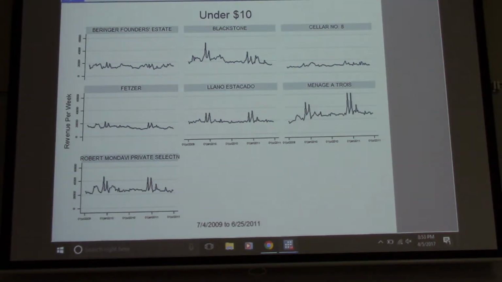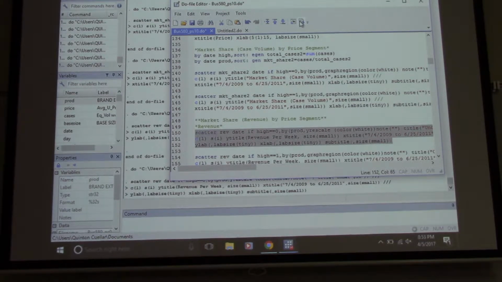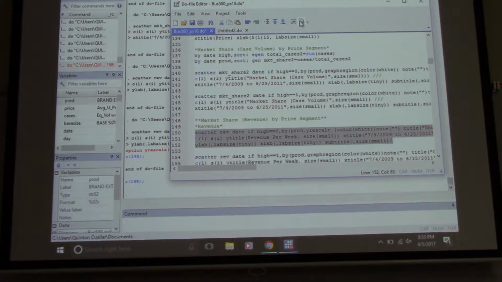We can probably rescale this and see if we get a better picture. It's already rescaled. Double rescale. All right, so let's do the other thing.